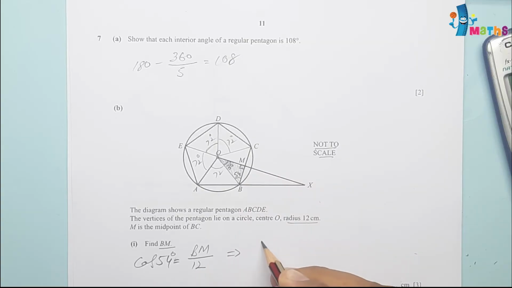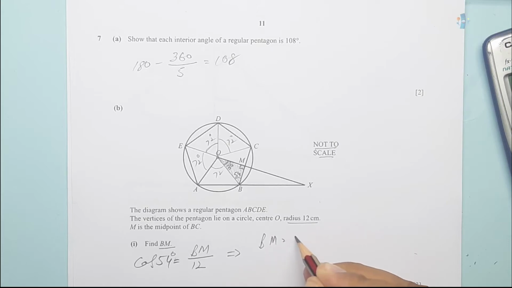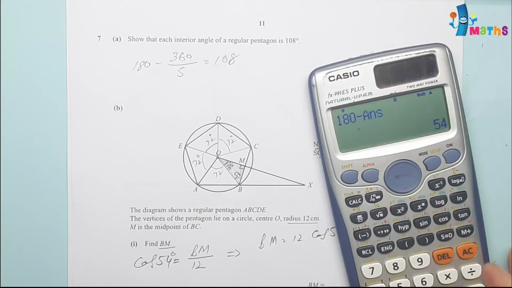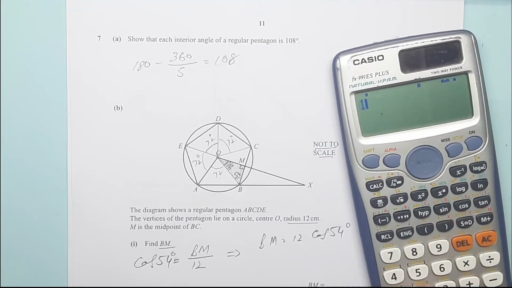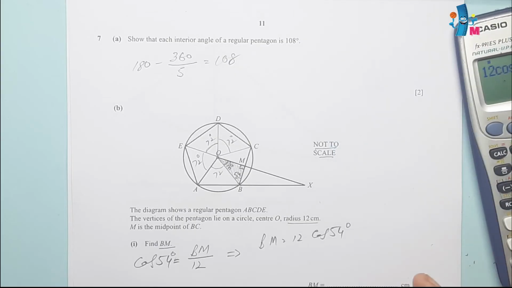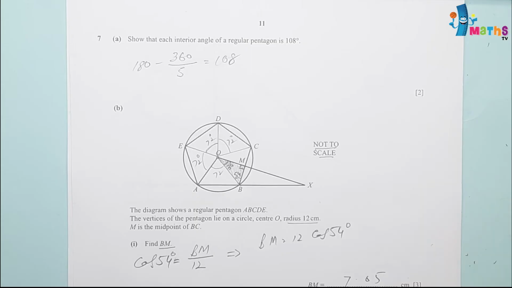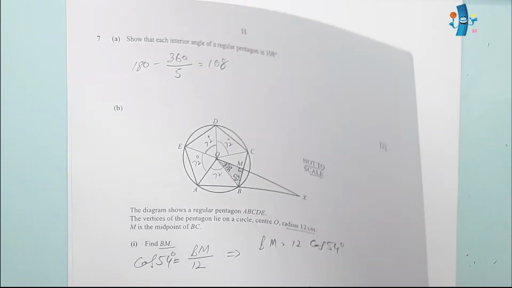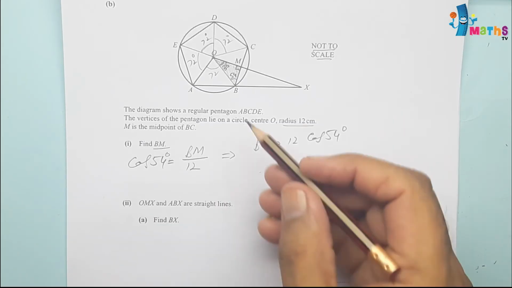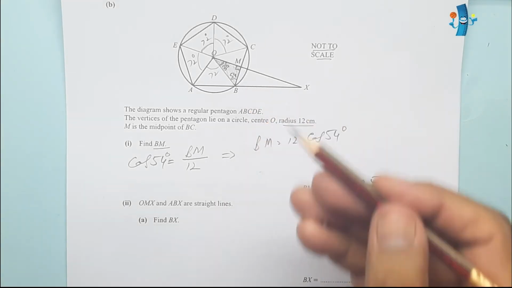This implies BM will be equal to 12 cos 54 degrees, which will be equal to 7.05. So our answer will be 7.05, this is the length of this BM which is required.